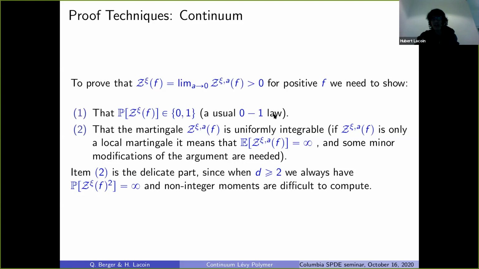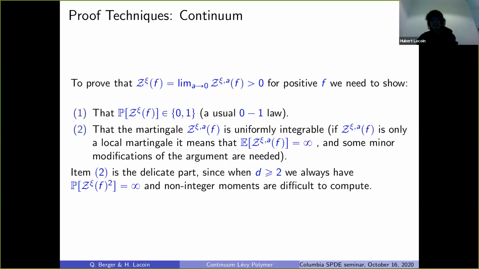I say the martingale, but in some cases you can have a local martingale, only because you have too many big jumps, and by some truncation argument you can reduce yourself to the case where you have a martingale. Showing uniform integrability is a bit delicate because the only things that are easy to compute are integer moments, since if you take Z to a power which is not an integer, you will have difficulty computing anything.